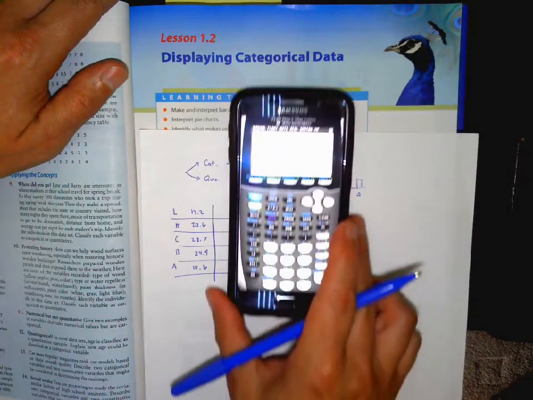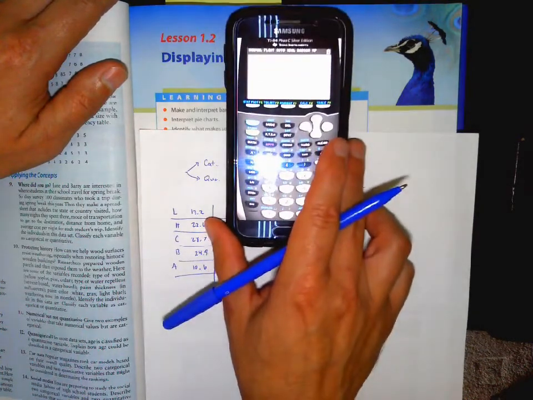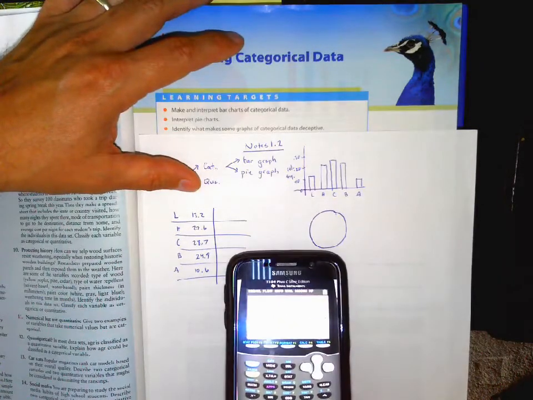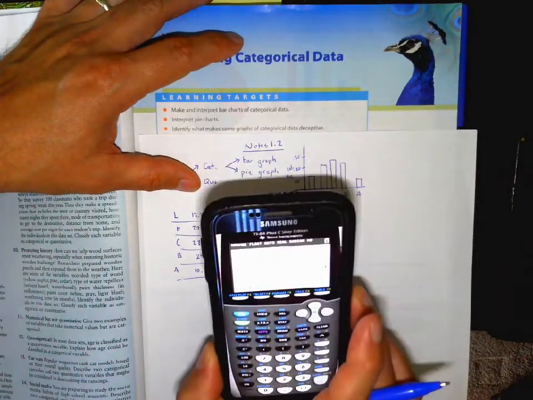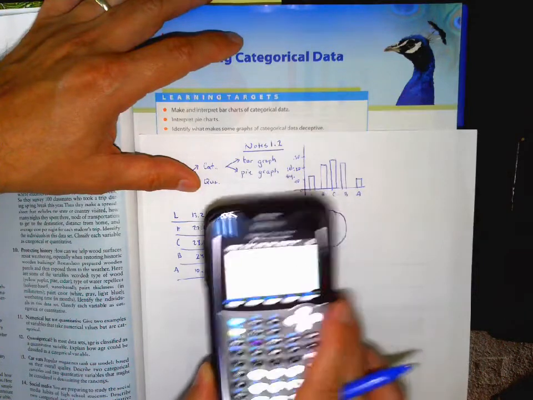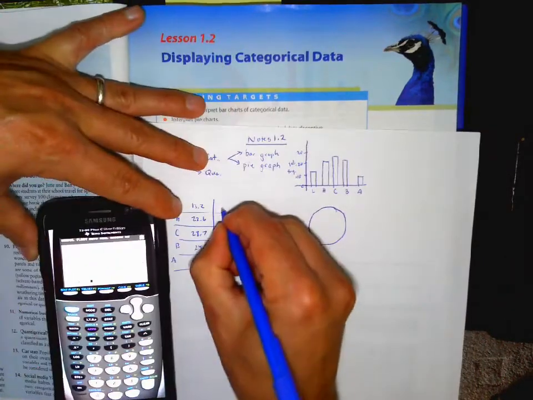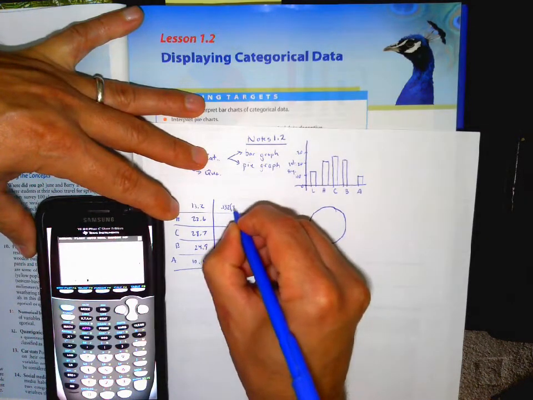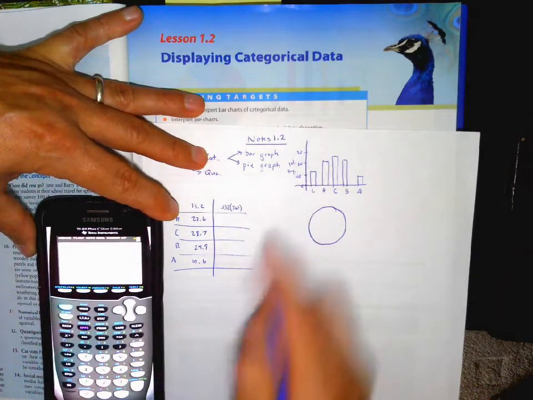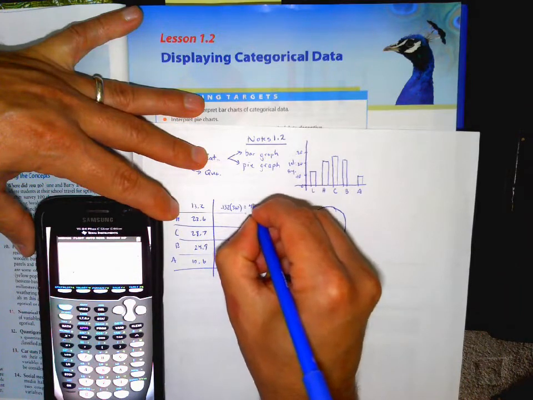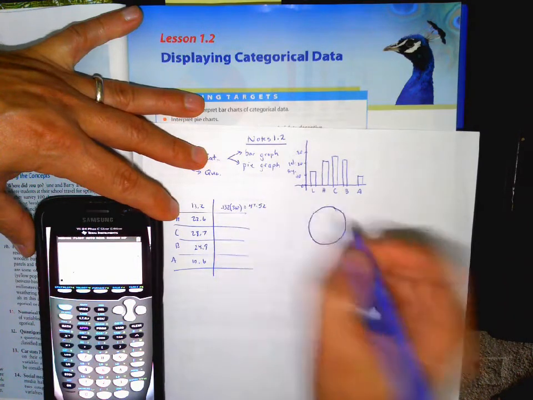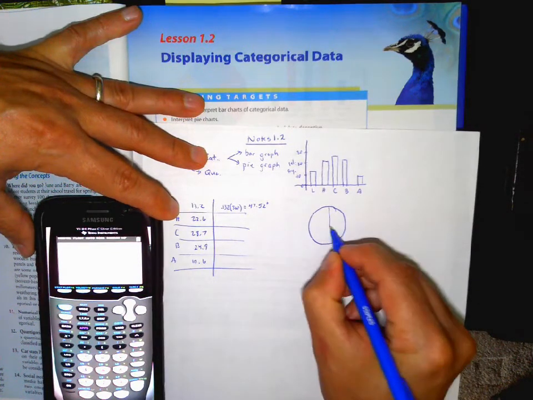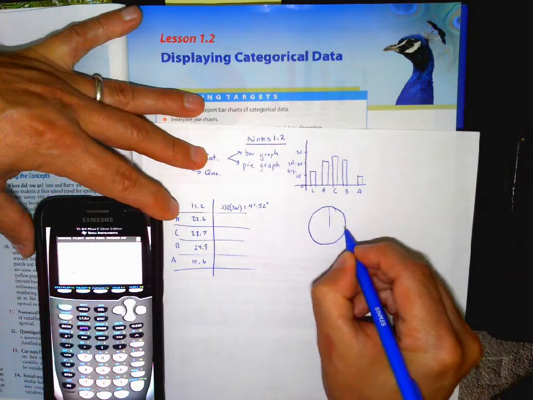You can't see that, can you? Not too well on the camera. Anyway, what I'm doing is taking 0.132 times 360 degrees, and that gives me 47.52 degrees. If I go straight across here, that's 90 degrees.